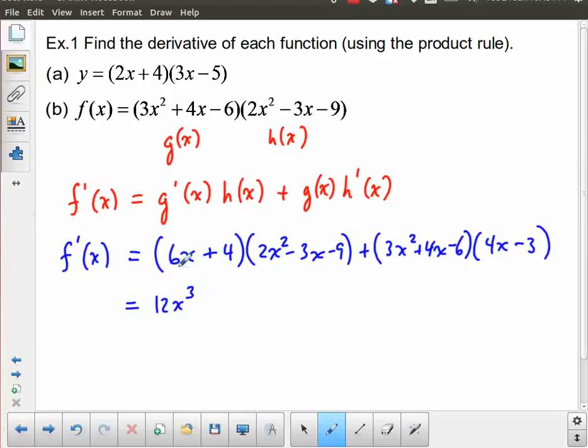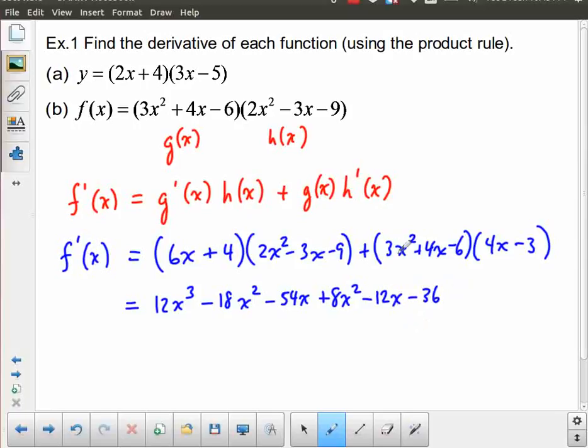And then 6x times negative 3x is minus 18x squared. And 6x times negative 9 is minus 54x. And then 4 times 2x squared is plus 8x squared. 4 times negative 3x is minus 12x. 4 times negative 9 is minus 36.